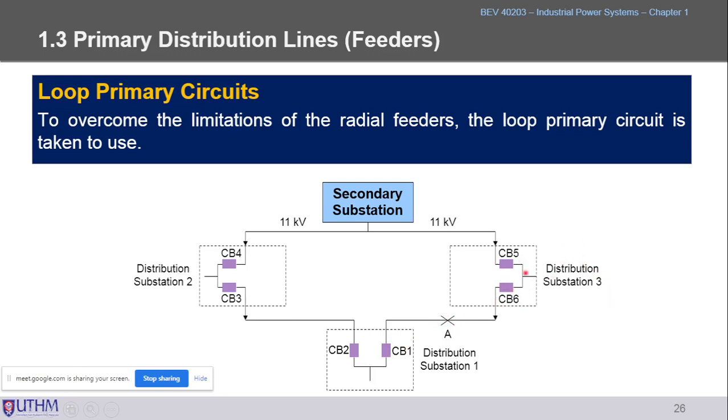This sub distribution will get power from here, and at the same time this one will get power from the other side of the loop. This is the advantage of the looping. But the disadvantage is that when you have a fault at the secondary substation, everything here will be gone.